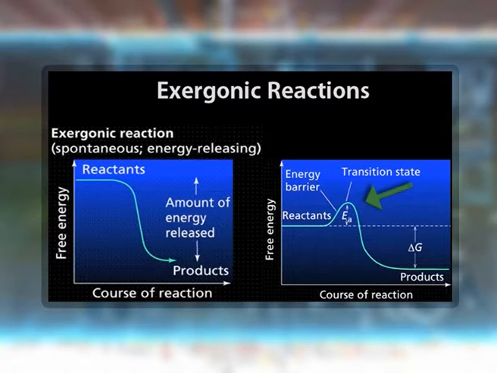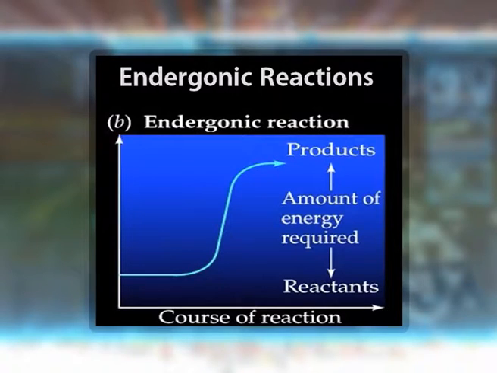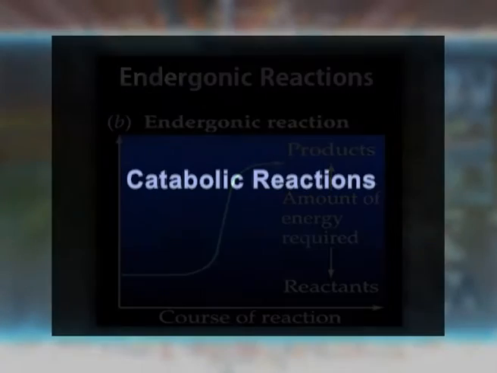There can be an activation barrier though, but for all exergonic reactions, the amount of energy for the reactants is higher than the amount of energy of the products, and there is a net fall of delta G value or the Gibbs free energy change. For endergonic reactions or energy requiring reactions, the energy of the product is higher than the energy of the reactants, and that's why there is a net accumulation of energy, and these reactions thus are energy demanding reactions.